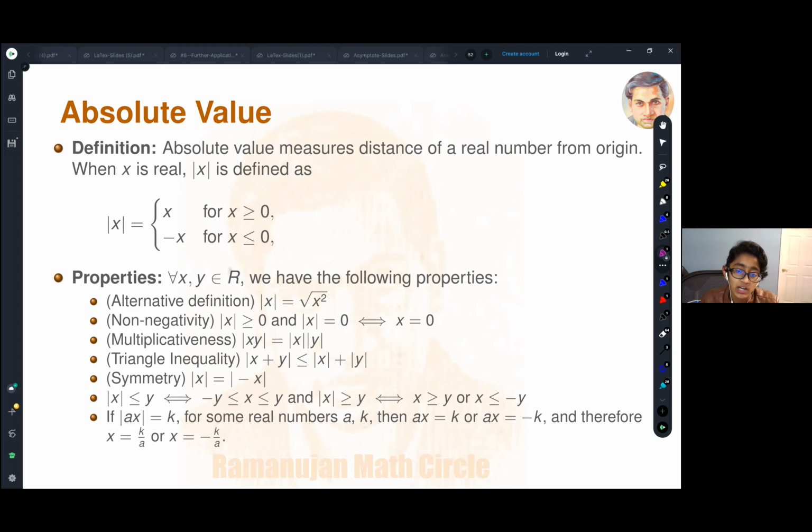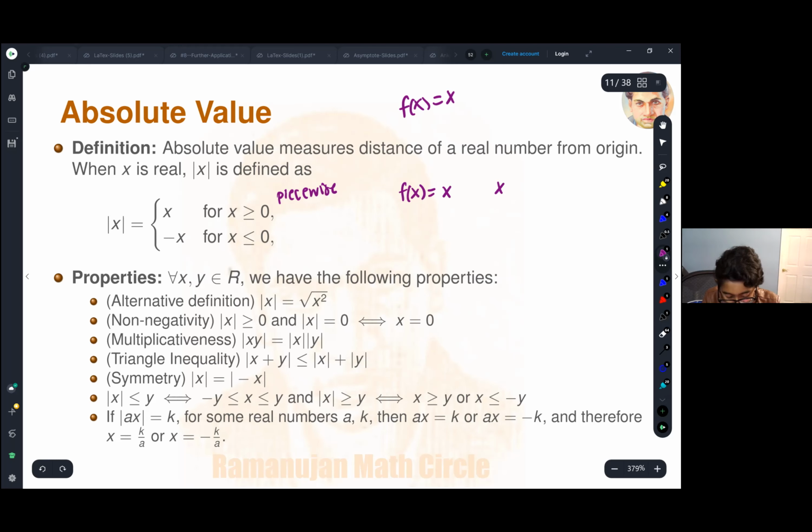And also oftentimes our functions have f of x is equal to x. Yay, it's straightforward. So for here, we call this a piecewise function. And what piecewise basically is when different parts, you have to represent it by different functions. So f of x is equal to x if x is greater than or equal to 0, and f of x is equal to negative x if x is less than 0.